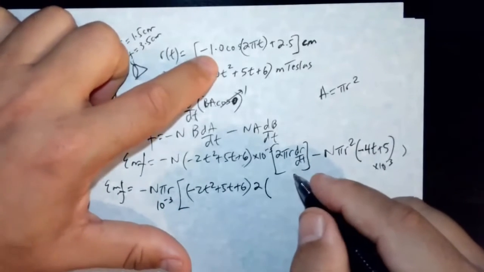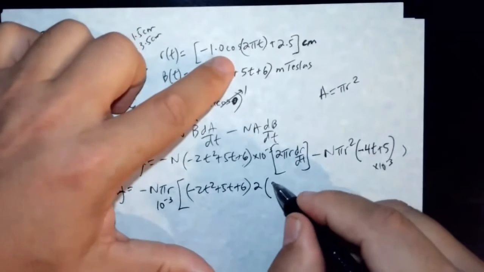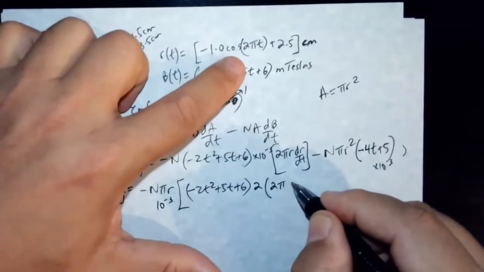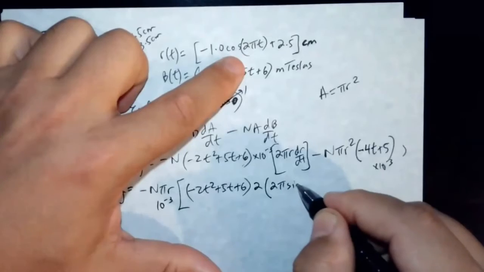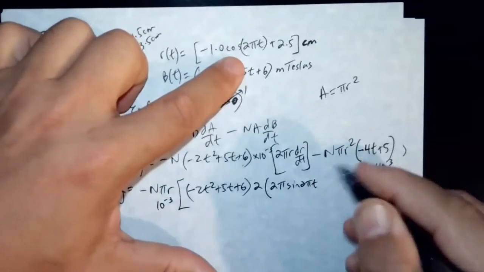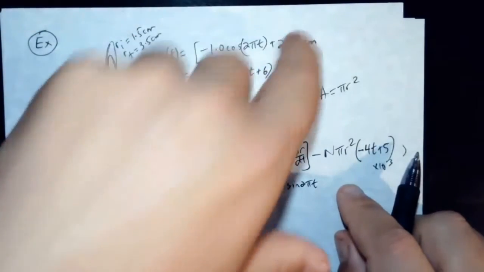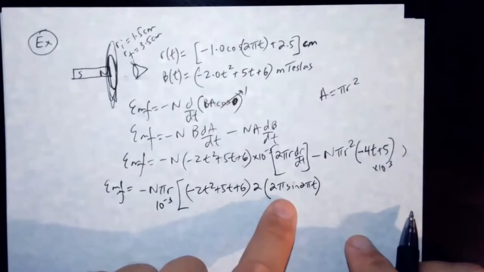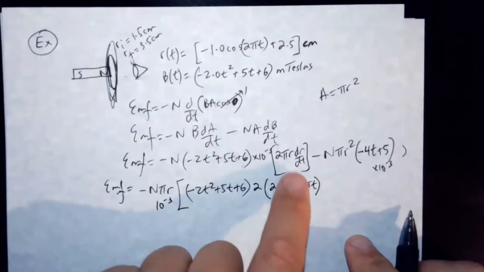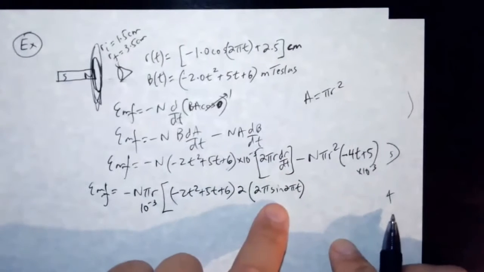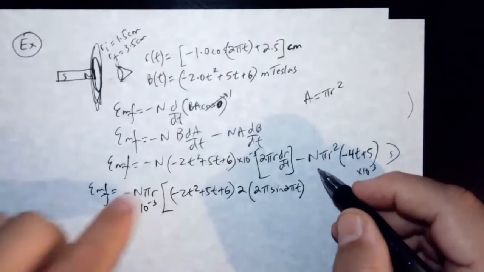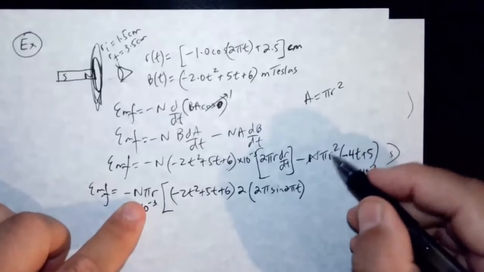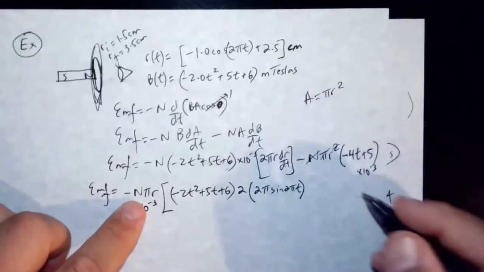So that's going to be what? 2 pi sine of 2 pi t, and then the derivative of that is just 0. So let's see here, r is gone, okay. And then the negative n, this is gone, pi is gone, and one of the r's is gone.